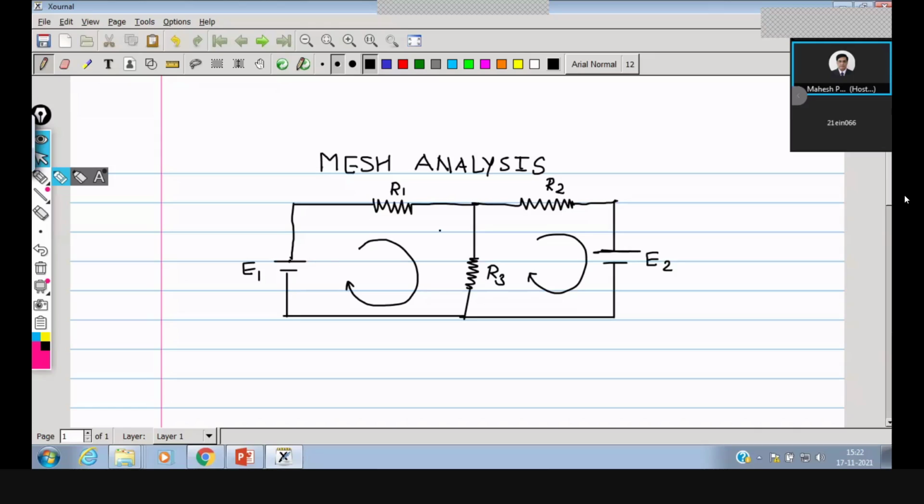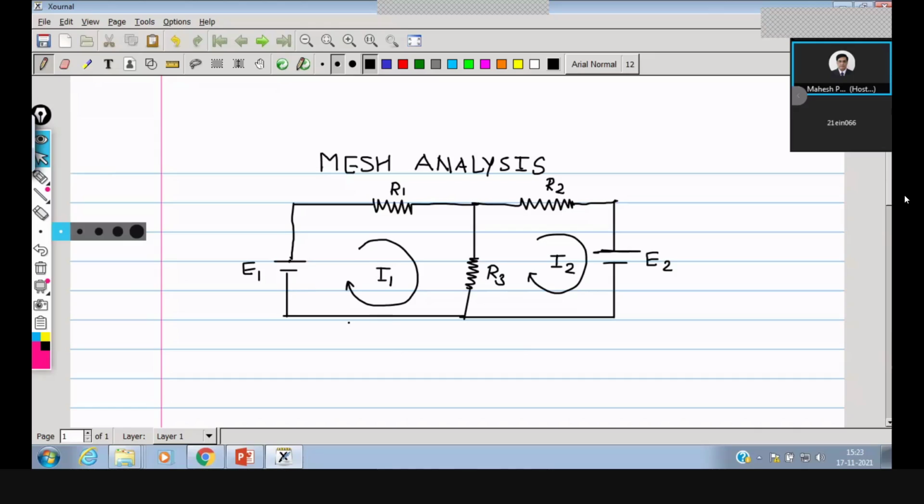So let us assume that the current is flowing in a clockwise direction in both cases. As I already discussed, you can assume according to your convenience. You can even assume the anti-clockwise direction also. Fine. So let us assume the current flowing here is I1 and the current flowing in this one is I2.